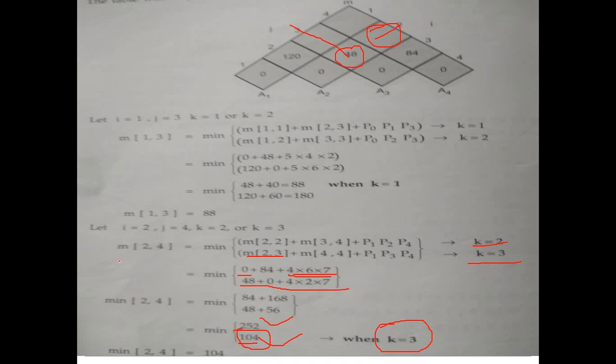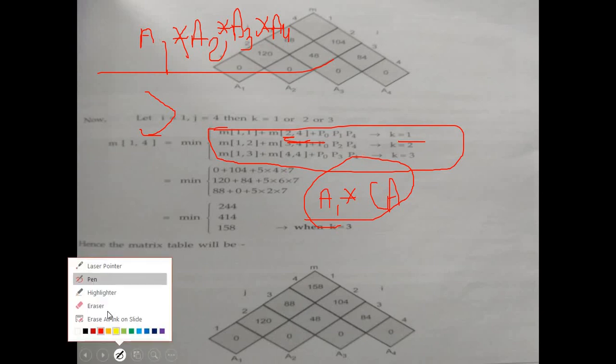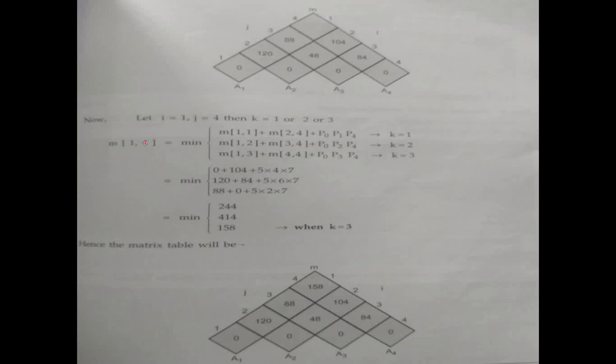Since we have already calculated 24 here, we will use it directly. This is the main use of dynamic programming: we have already calculated something, so we store it in a table and can directly use it in our next step. So this is the first way for finding A14.